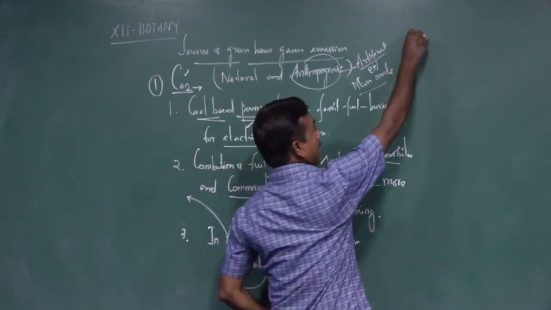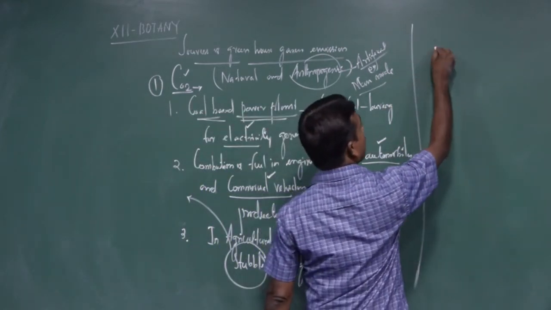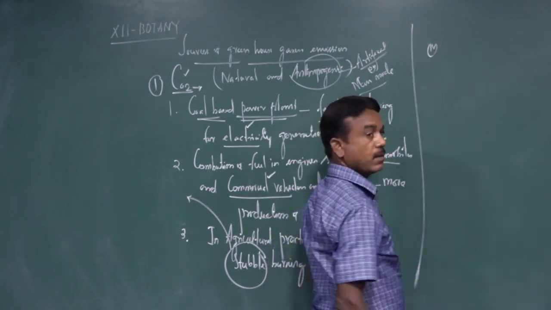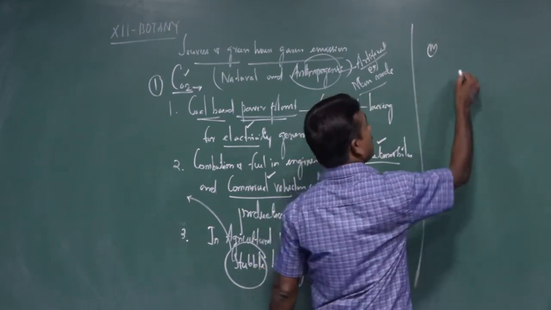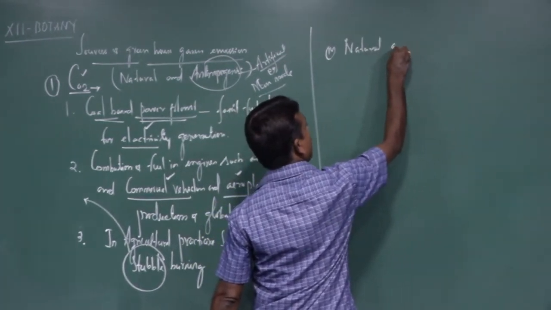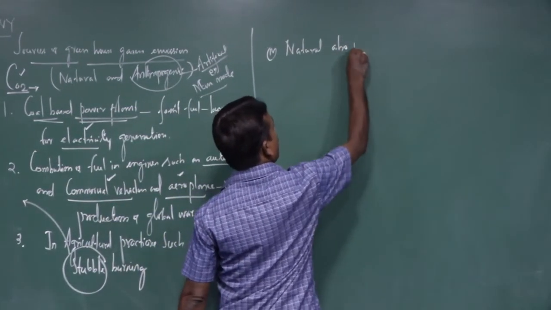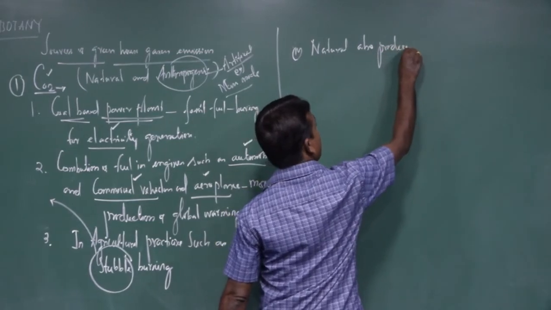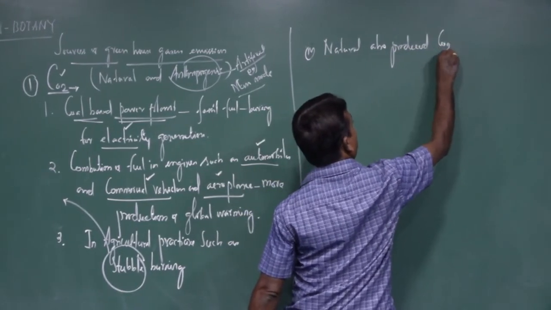Then the fourth one: some natural sources also produce carbon dioxide.